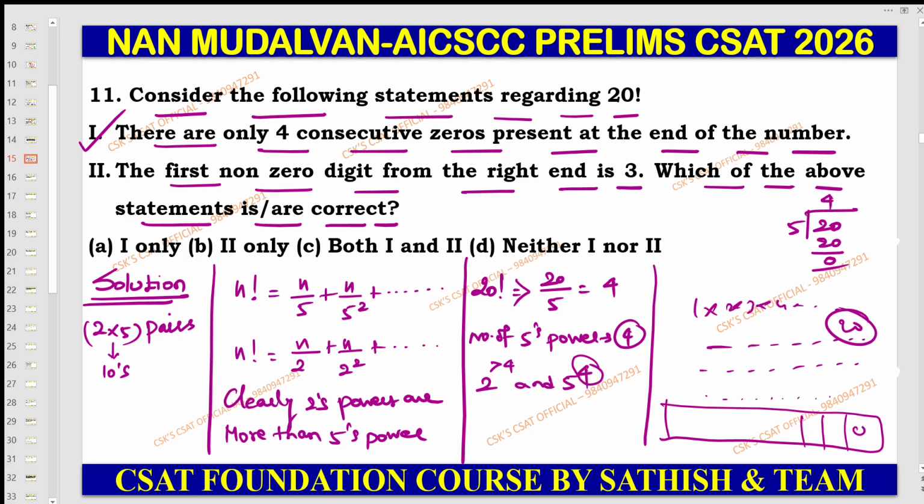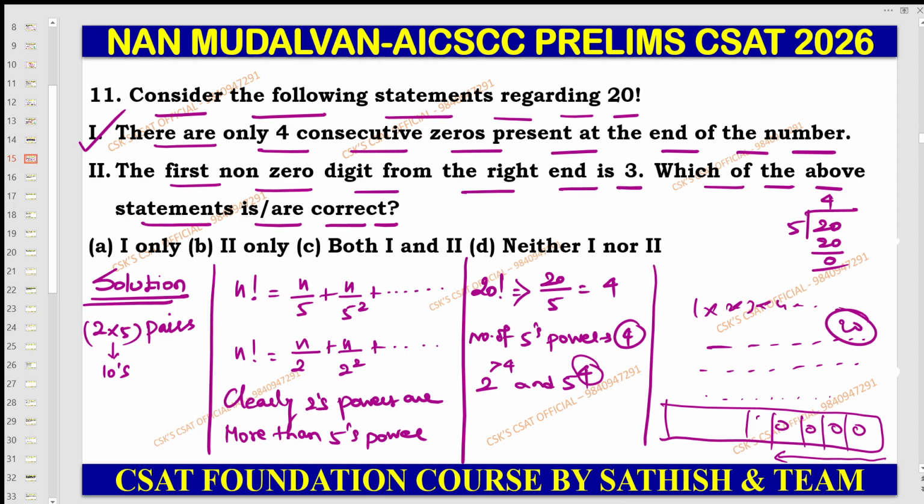Surely 4 zeros will be there, as we just found. Now after these 4 zeros, it starts with a non-zero digit. What would that digit be? This is what we have to find out here.